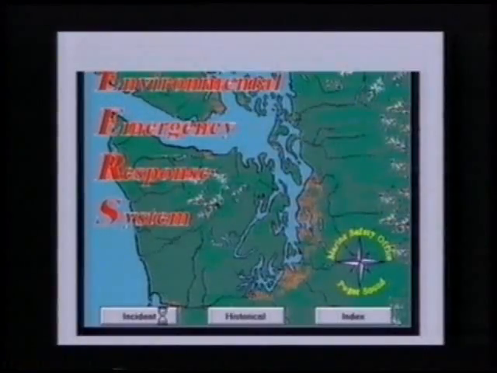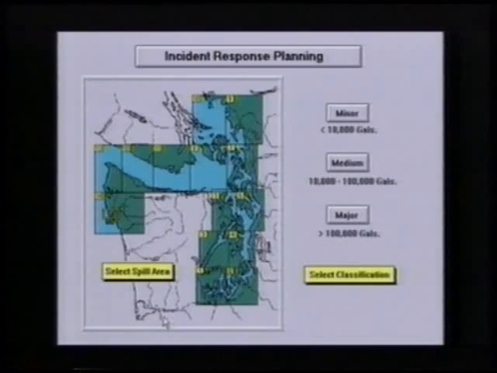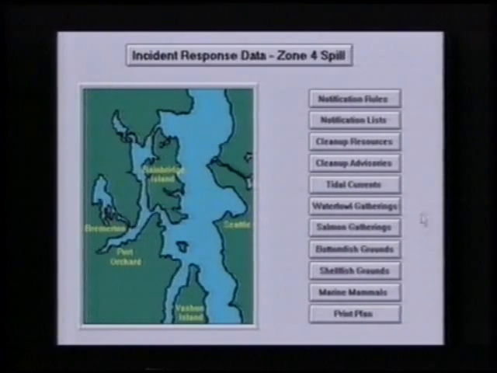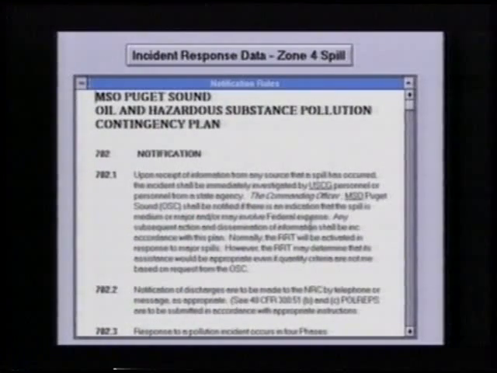A guide program for responding to environmental emergencies is another example of combining information from many different sources. In the event of an oil spill, references are made to the geographical area and the size of the spill. All information relating to that zone is displayed. Notification rules as to who has to be contacted and how to get in touch with them.